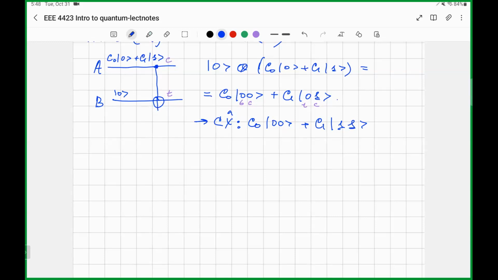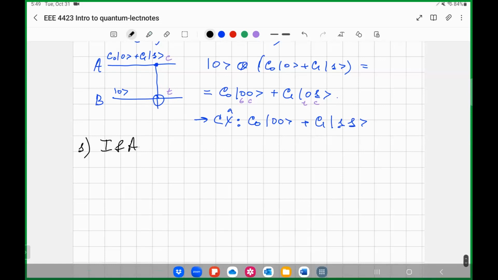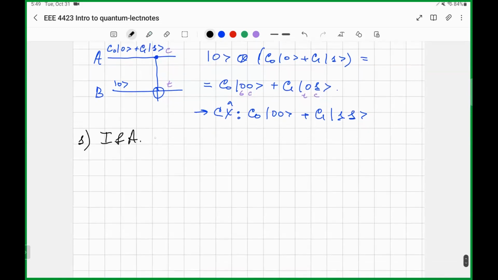The first thing she can do is to measure her qubit in the same basis 0, 1. If Alice measures her qubit in basis 0, 1, what would she get?